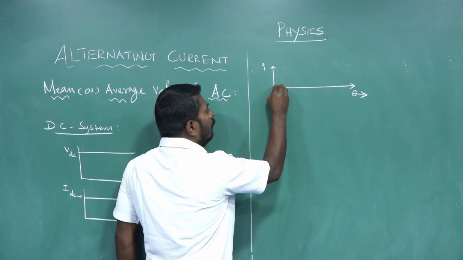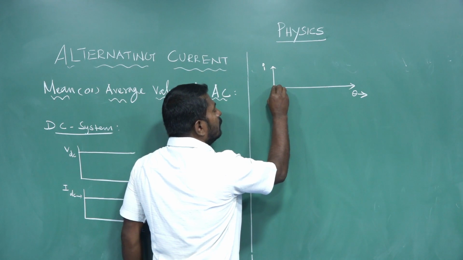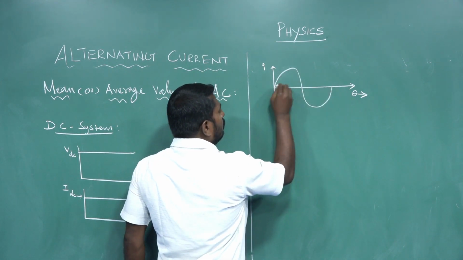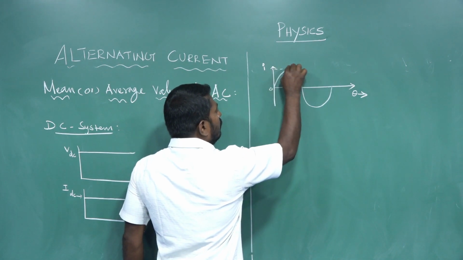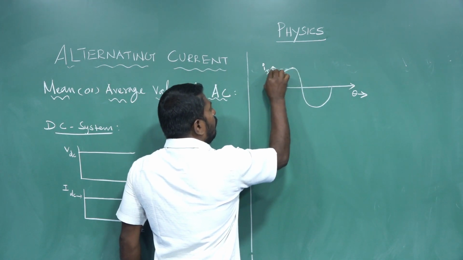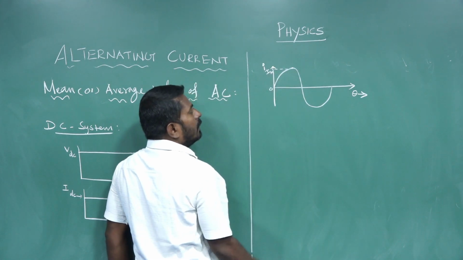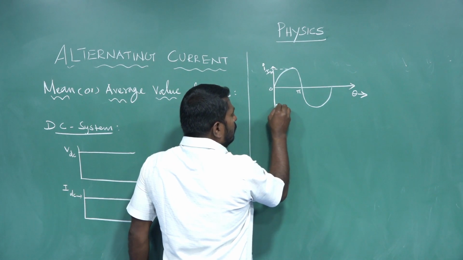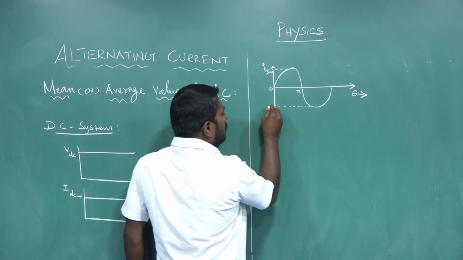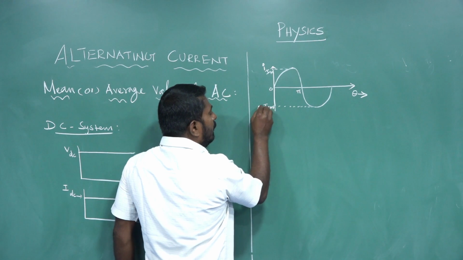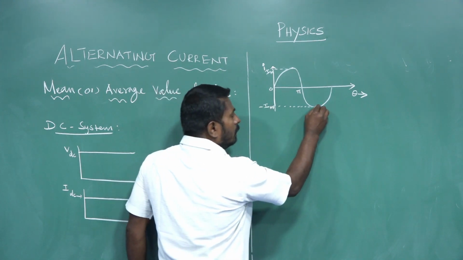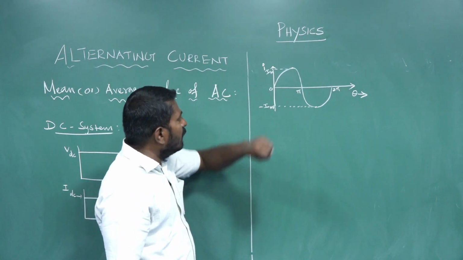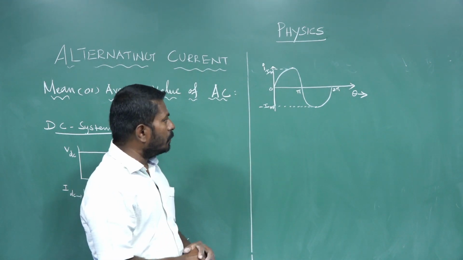See one complete cycle of alternating current. 0, amplitude or peak value of alternating current. This is the peak value of alternating current, negative direction, 2 pi. It is one complete cycle of alternating current flowing in the closed circuit.